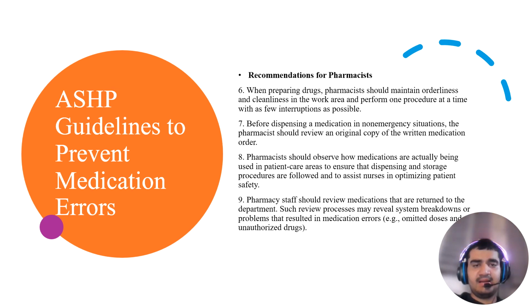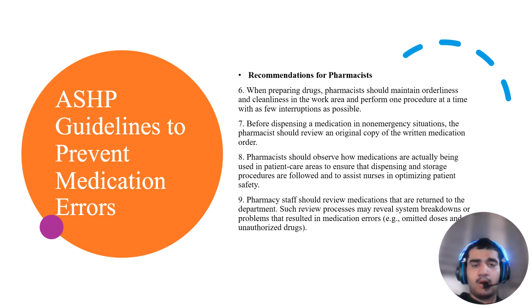When preparing drugs, pharmacists should maintain orderliness and cleanliness in the work area and perform one procedure at a time with as few interruptions as possible. Before dispensing a medication in a non-emergency situation, the pharmacist should review an original copy of the written medication order.